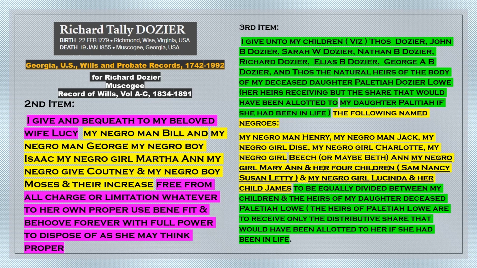So this Richard Talley Dozier was born in 1779 in Richmond, Virginia, and died in 1855 in Georgia. And this is his will, and it's a very unique will. And I was able to transcribe it with the full text that's now available in FamilySearch.